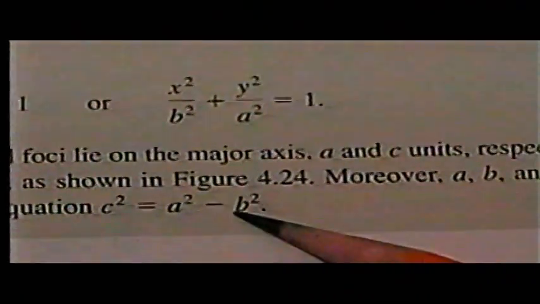Then multiply both sides by negative 1, giving negative c squared plus a squared equals b squared. Then switch the terms around, and that gives us the formula that we have here.